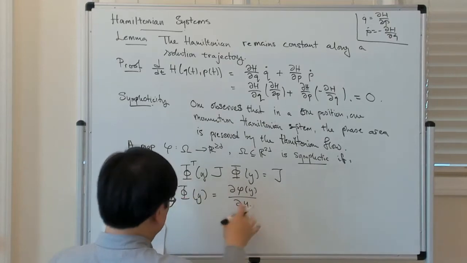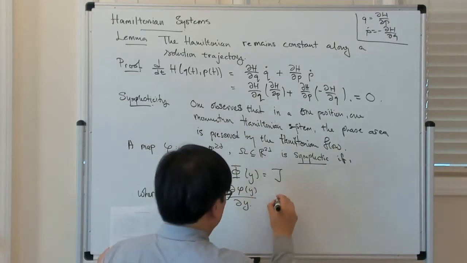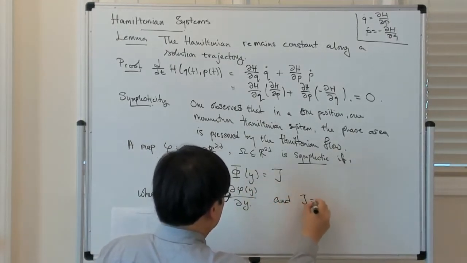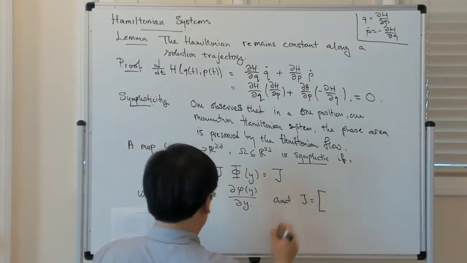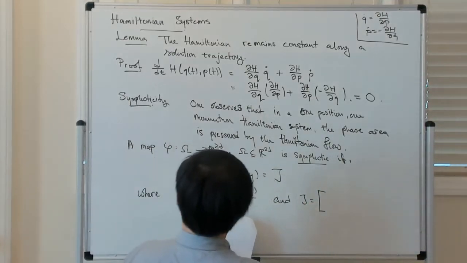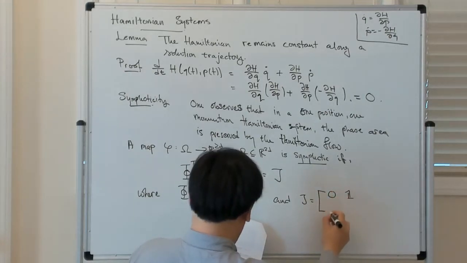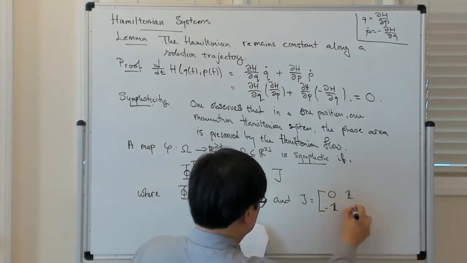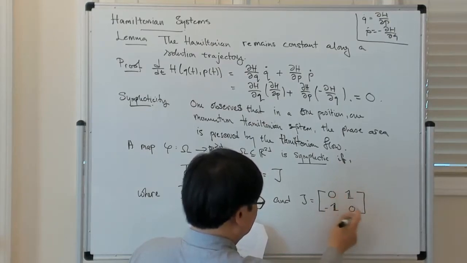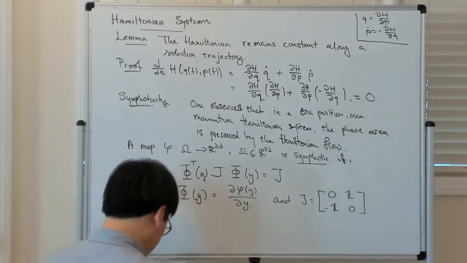J is the 2d by 2d matrix with blocks 0, the identity, minus the identity, and 0, where each of these is a d by d matrix.